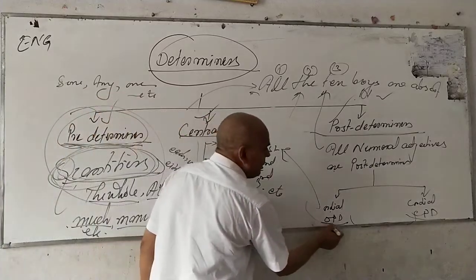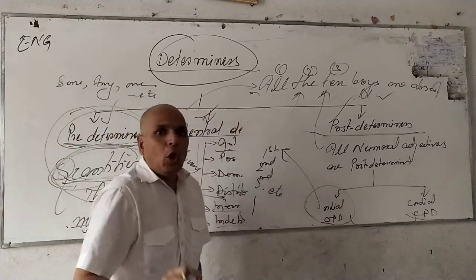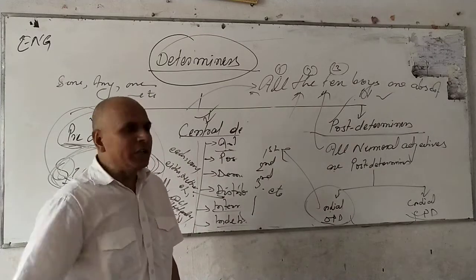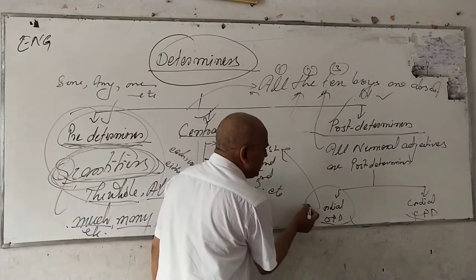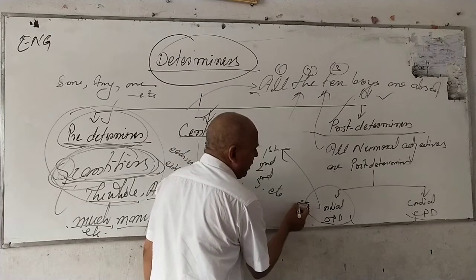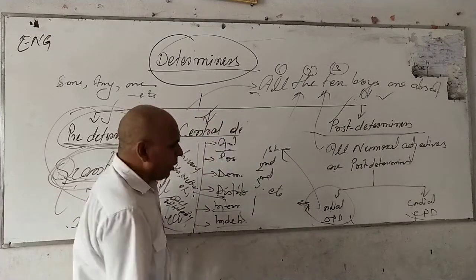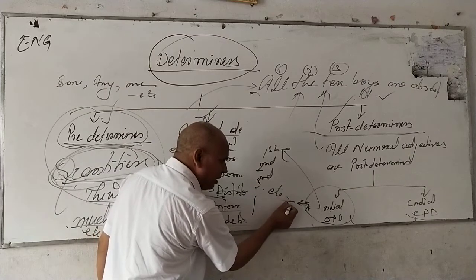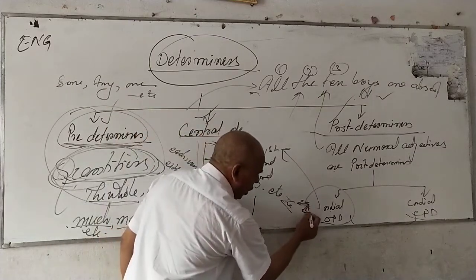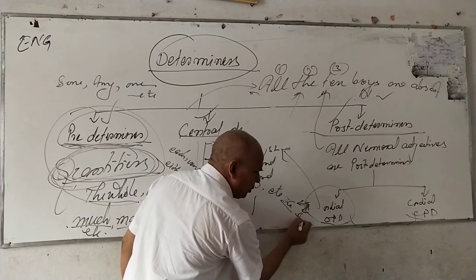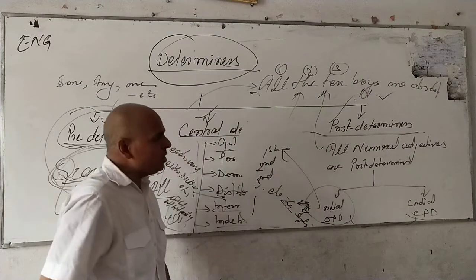Therefore, this ordinal determiner always binds the sentence to be singular, and so two conditions are there. Condition number 1: an ordinal determiner is always supposed to take the definite article the, and secondly, it is always supposed to be singular. Two things that we have to consider.